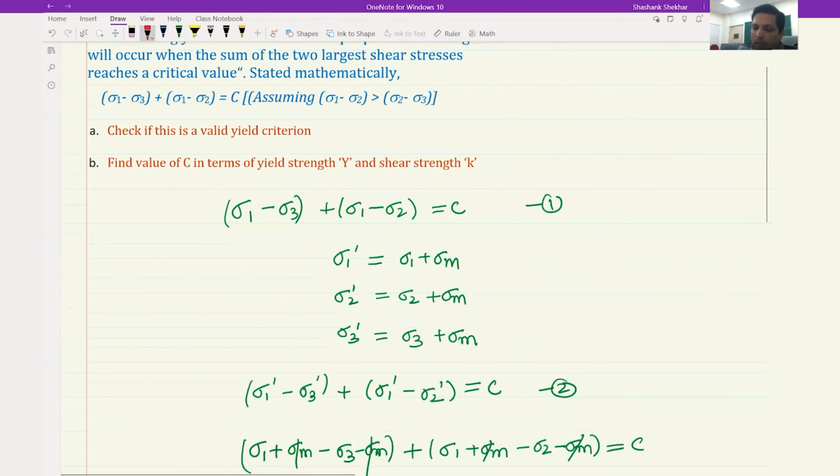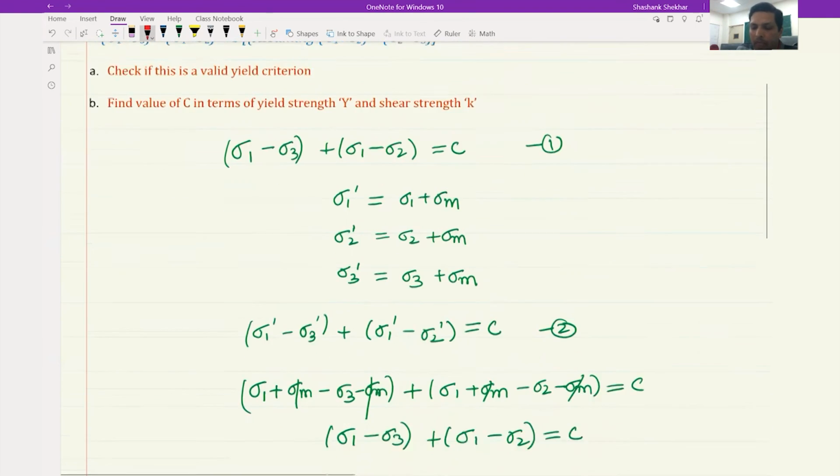Now the second part of the question is that you have to find the value of C in terms of yield strength Y and shear strength K. Now this is something that will be useful for you to practice with various types of yield criterion.